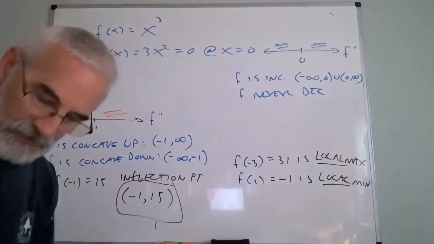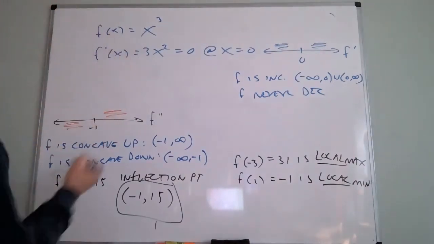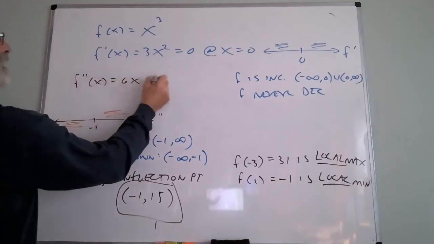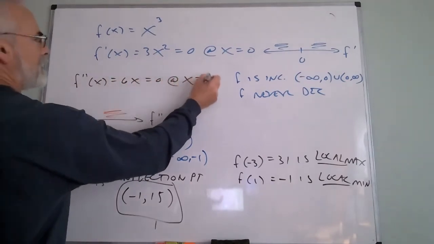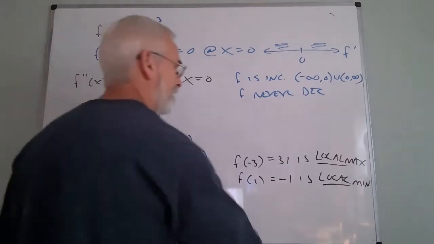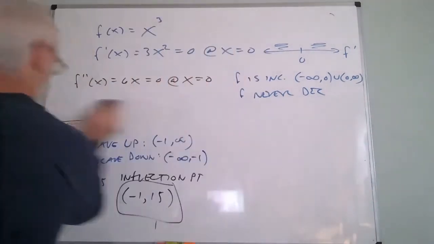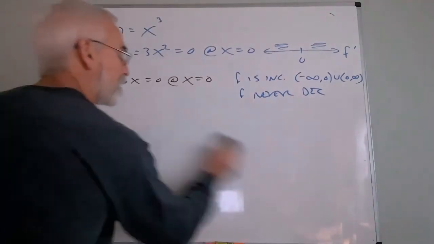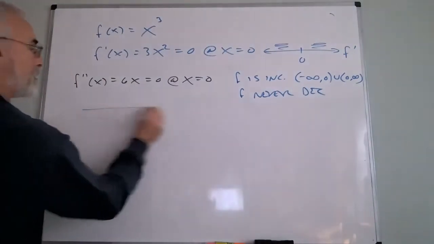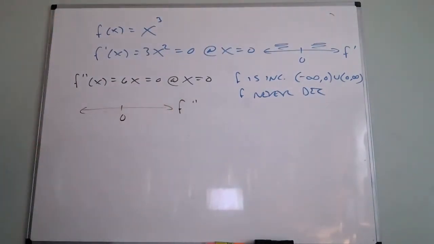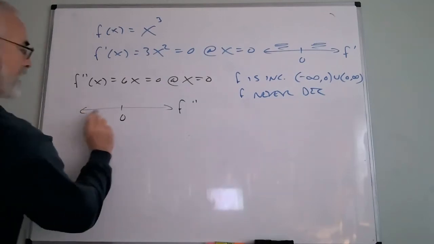All right, now let's look at the second derivative. F double prime of x is 6x, which equals 0 also at x equals 0. Oh, that's kind of crazy. I mean, who'd have thunk it? So now to the left of 0, this is always going to be negative.